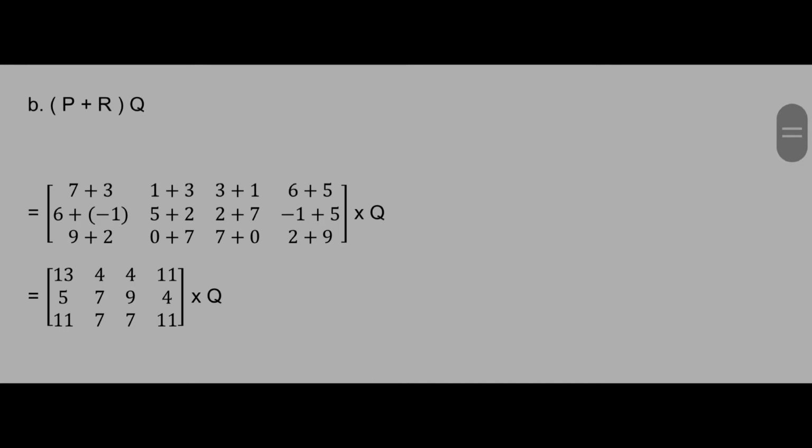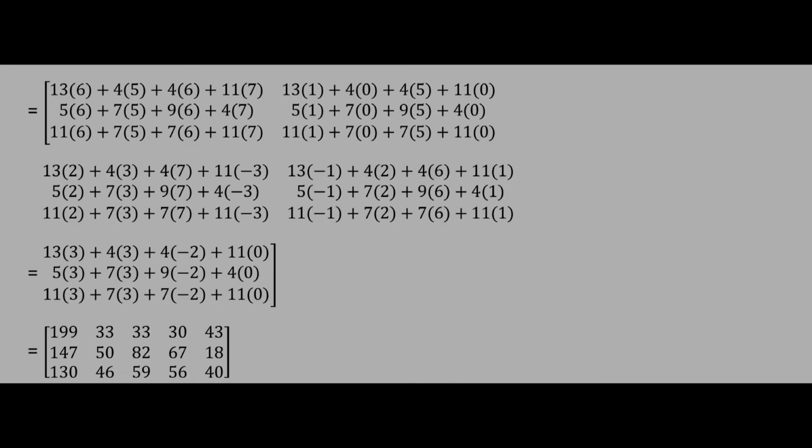For matrix addition, each number in matrix P will be added with the matching number in matrix R. After that, we will multiply the addition result of P and R by Q, and finally we will get the answer.